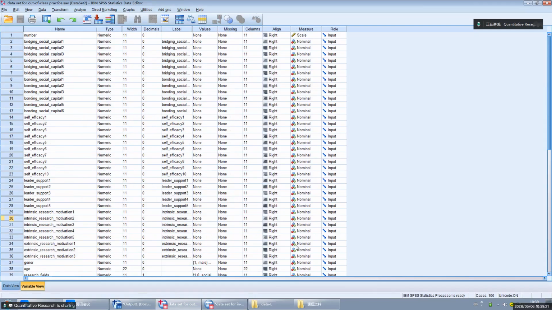But because we want to use the data as the example for data analysis, we have to use them as separate concepts. This is for our data purpose. So you have to compute separately for intrinsic and extrinsic. You know what I mean? Okay. So now you compute mean scores for all of them.